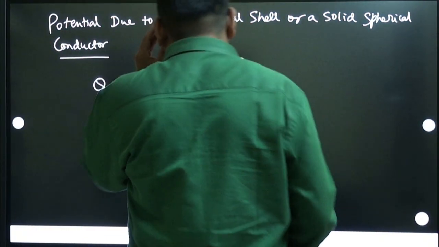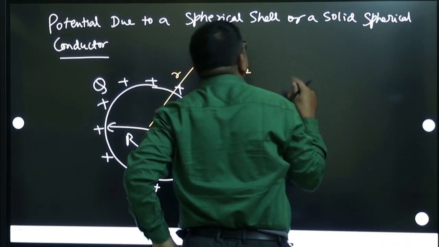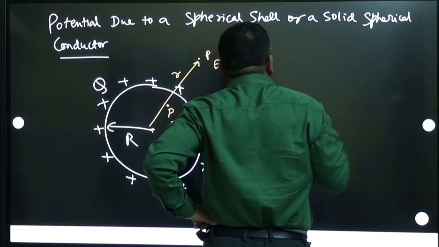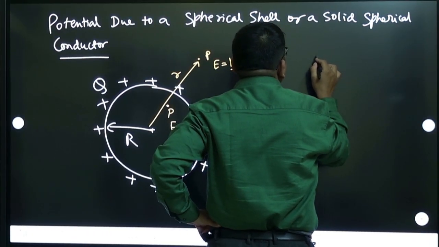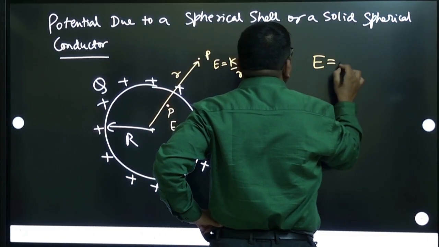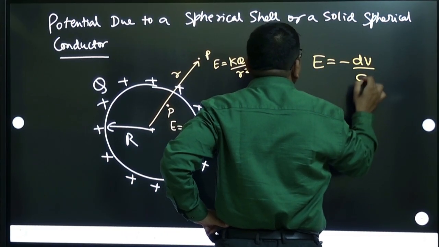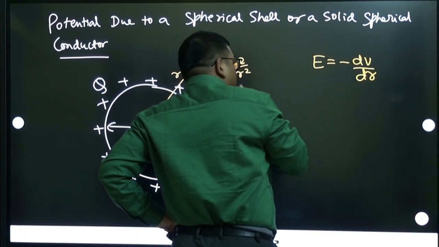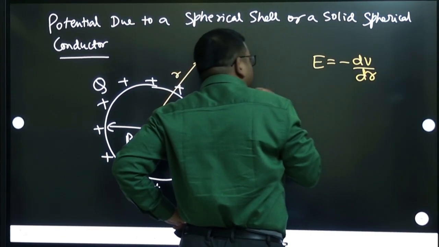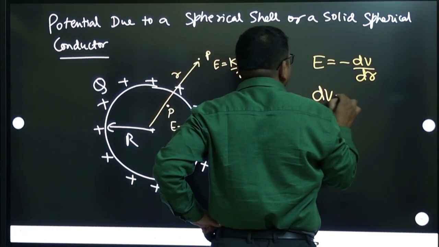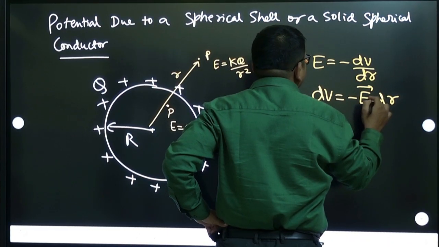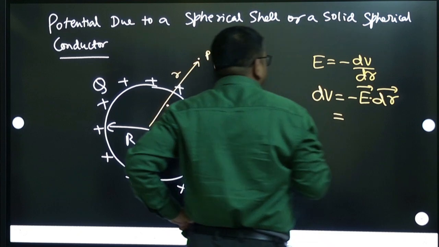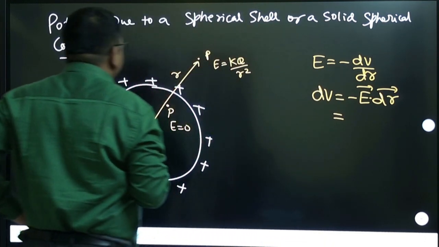There is a differential equation. E is equal to minus dv by dr. Good. So we want the potential difference; dv is minus e dr. Actually it is a dot product here.